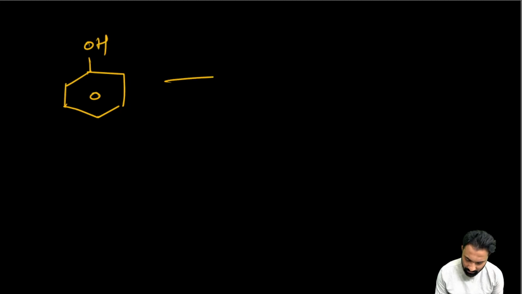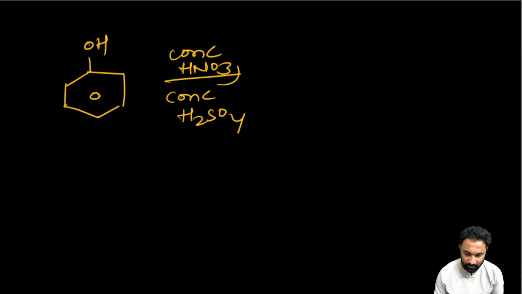Now phenol in the presence of concentrated HNO3 and concentrated H2SO4, here what will happen? The better yield of the picric acid is obtained. Here the reaction will follow two types of paths.